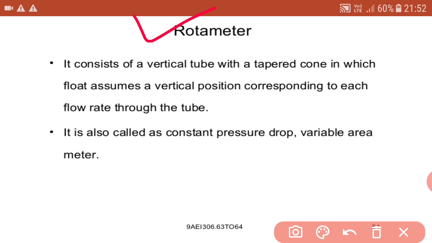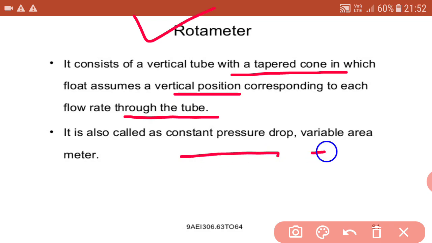It consists of a vertical tube with a tapered cone in which a float assumes a vertical position corresponding to each flow rate through the tube. It is also called a constant pressure drop variable area meter.